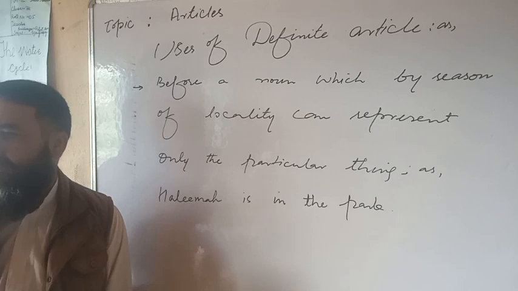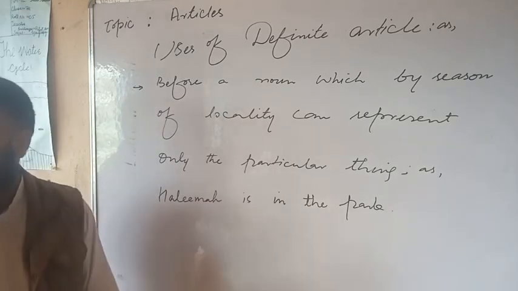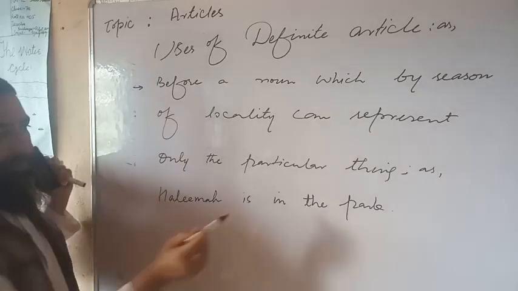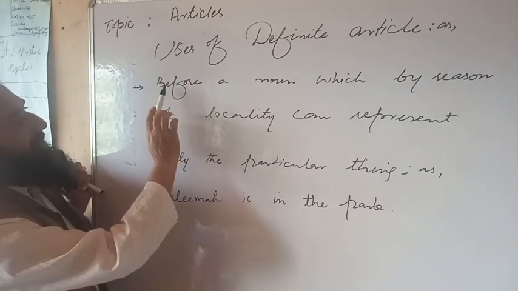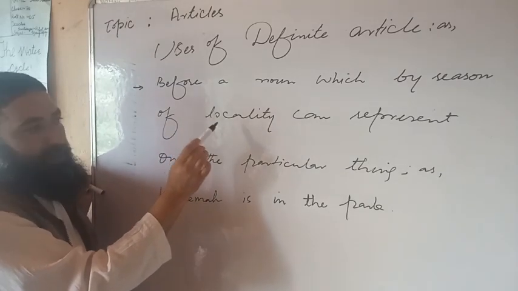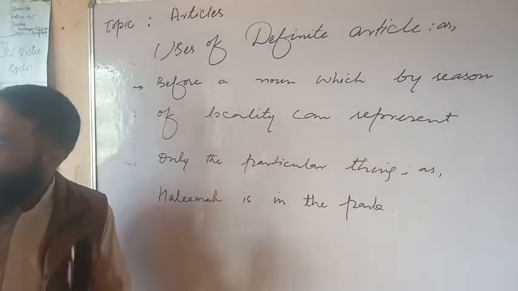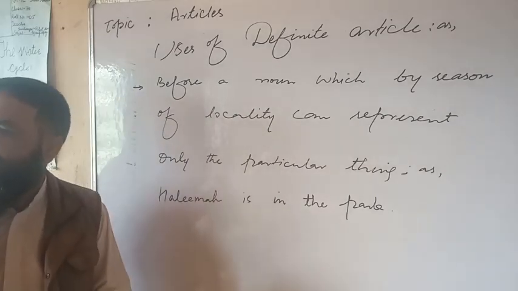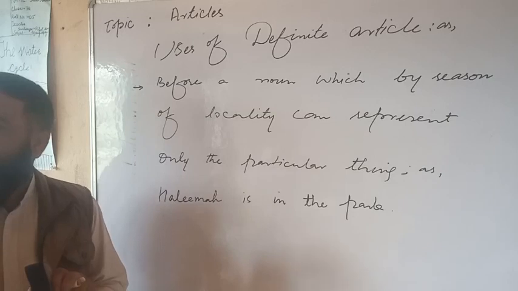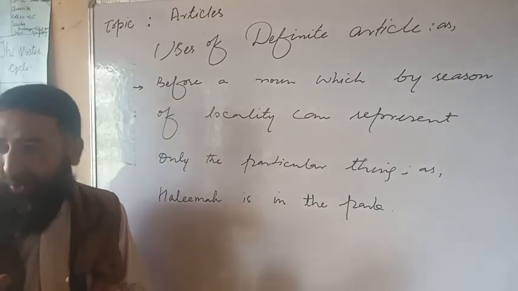Halima is in the pot means that in that locality there is only one pot. So before a noun which by reason of locality can represent only one particular thing, because you know that in that locality there is only one pot, that pot becomes particular.